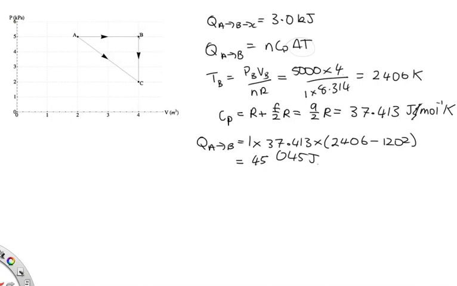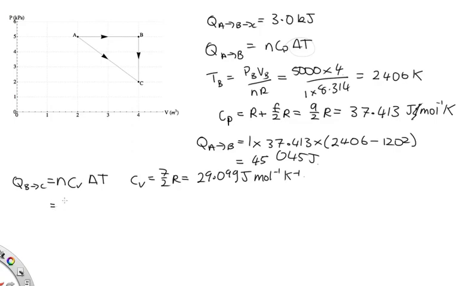Okay, now what we need to do is work out how much heat is added going from B to C. So Q from B to C is equal to n, this is the constant volume case, times Cv delta T. This is all at high temperatures, so we'll assume f is 7. So we've got Cv is equal to f on 2 R, 7 over 2 R, which is equal to 29.099 joules per mole per Kelvin.